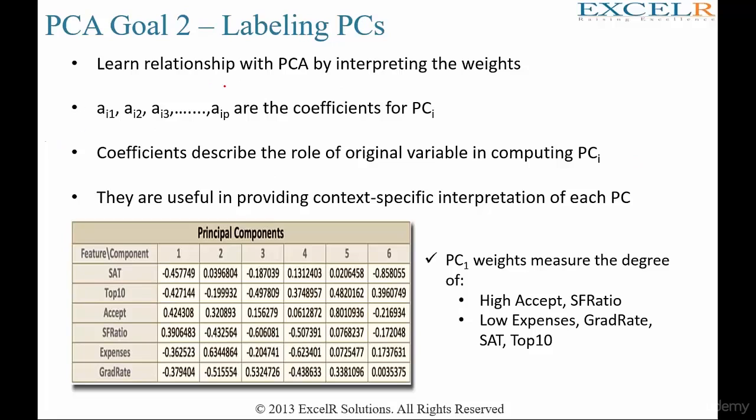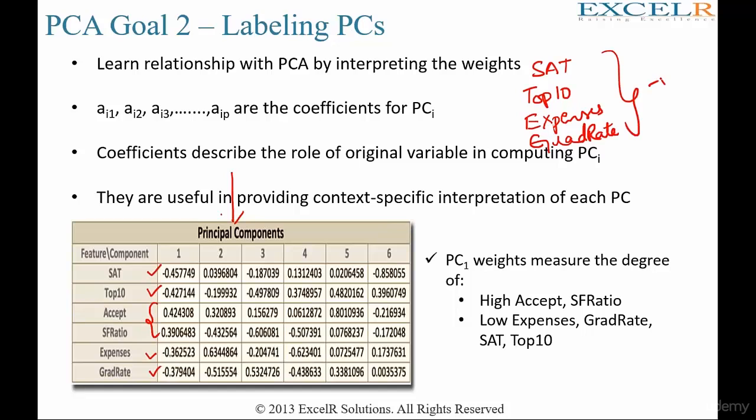Now let us try to understand a little about labeling these principal components. All these are coefficients, or weights, of your principal components. Now if you look at the weights here, SAT score is negative, top 10 is negative, expenses and graduation rate are negative.